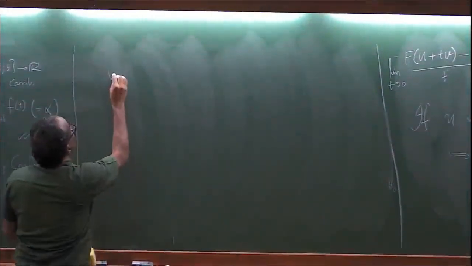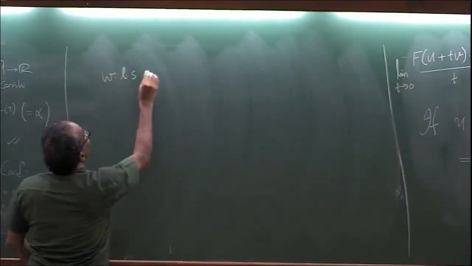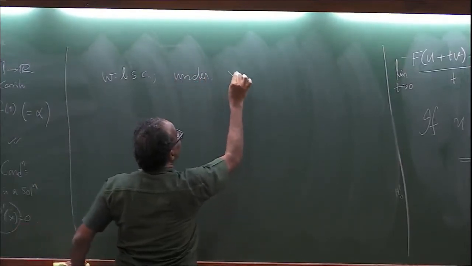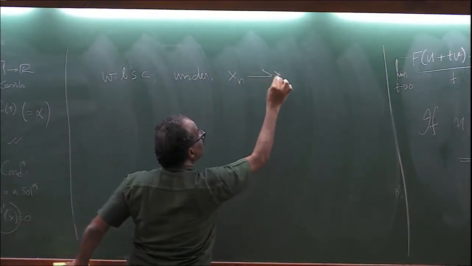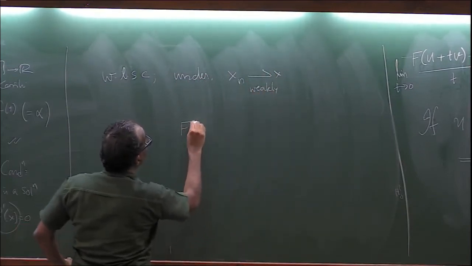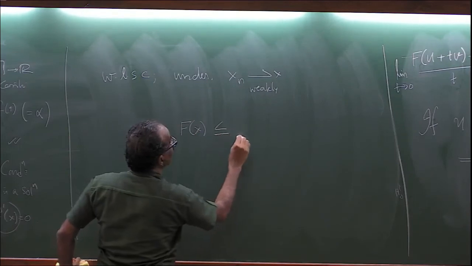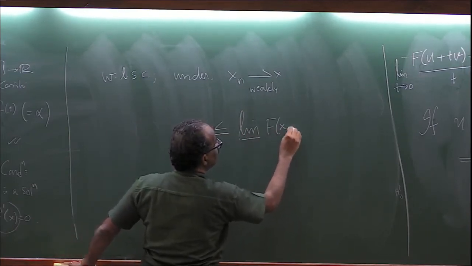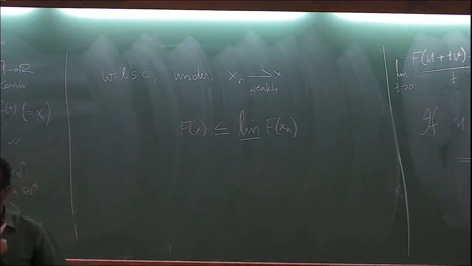So what is weak lower semi-continuity? Under weak topology, that means under Xn converges to X weakly, you want to conclude the same thing. You understood this? This is a strong concept.